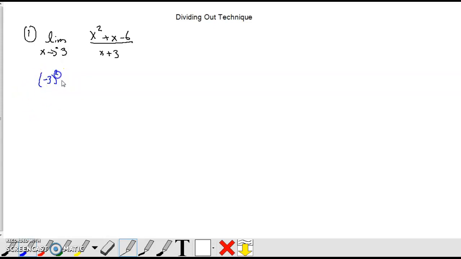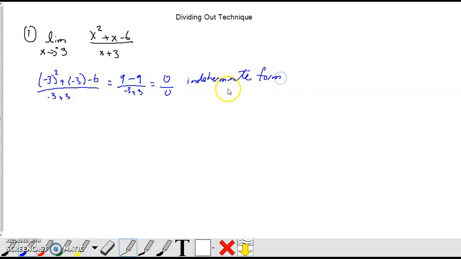So -3 squared plus -3 minus 6 and -3 plus 3. So this will get me 9, and then -3 minus 6 gives me also 9, and then -3 plus 3. So this essentially gives me 0 over 0. So again, this is known as the indeterminate form.